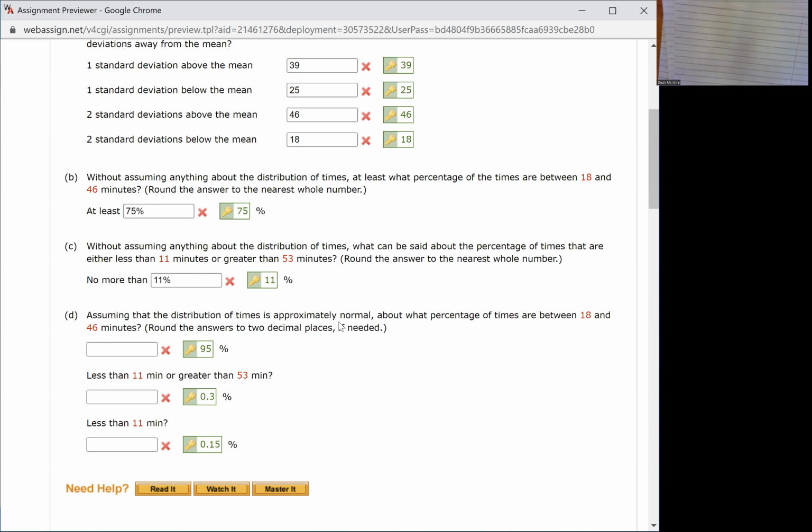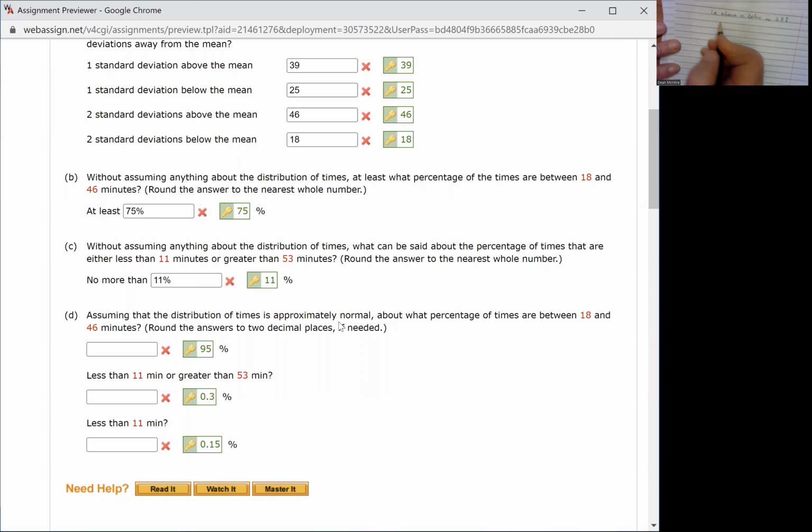Well, the empirical rule says that 1 standard deviation above or below is 68% of the data items, raw data items fall between 1 standard deviation above and below.